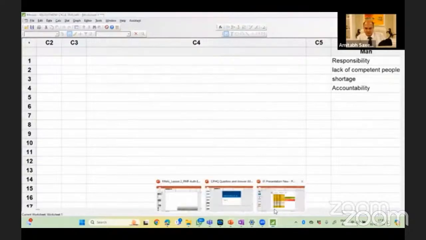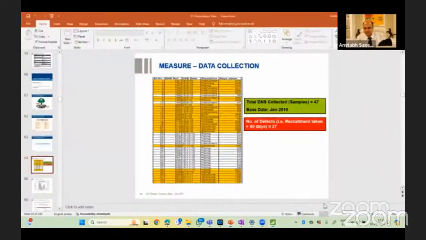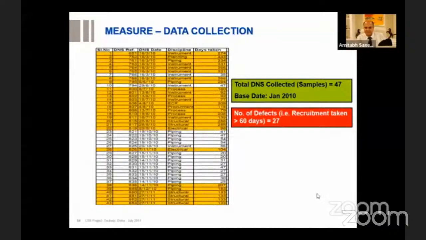I will also do one more thing, which is known as sigma level calculation, which is not in our syllabus right now. So just don't worry about it. But I'll just show. We also find what is a defect in our process. So here we have taken a defect definition as any recruitment taking more than 60 days is a defect. So today we have 27 defects out of 47.